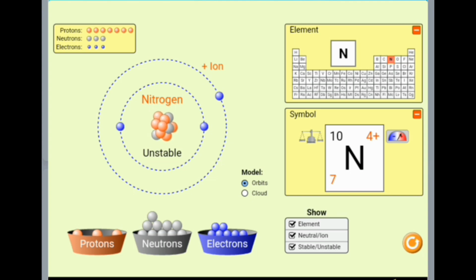All right. Now, in terms of why it is carrying 4 plus, it is because of the number of electrons there. Let me increase the number of electrons. Let's keep increasing the number of electrons. Now I'm having 5 electrons but 7 protons.